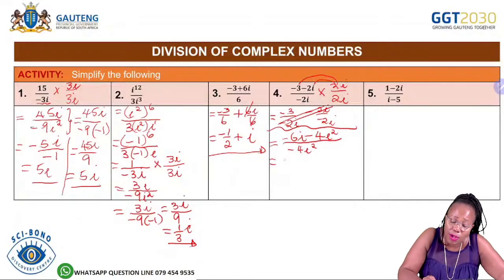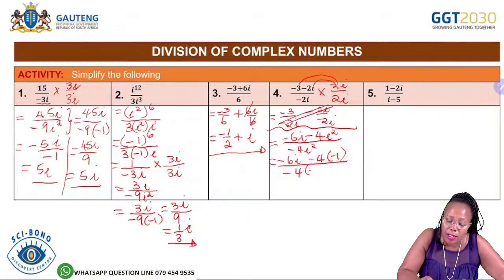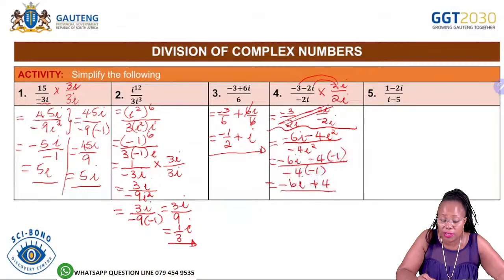Continue. You have minus 6i over minus 4 into minus 1 for i squared. On the denominator you have minus 4 into minus 1. Then this is giving us minus 6i over negative 4 times negative 1, which is a positive 4.